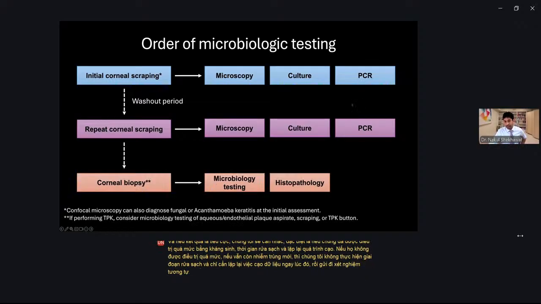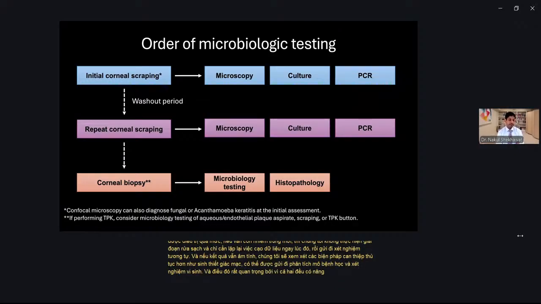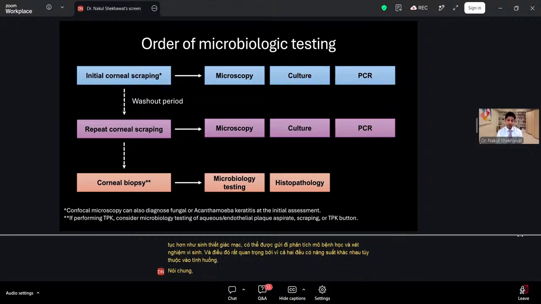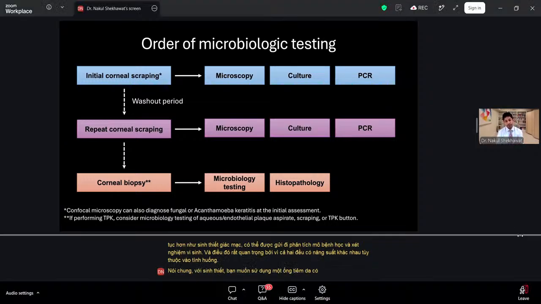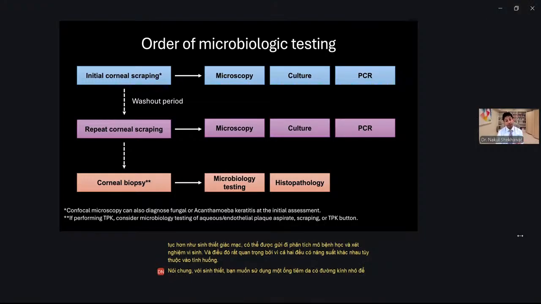And if that's still negative, then we consider more procedural interventions, such as corneal biopsy, which we can send for histopathology analysis as well as for microbiology testing. That's important because both of those have different yields depending on the situation. In general, with the biopsy, you want to use a small diameter derm punch to partial thickness trephinate at the margin of the infiltrate.